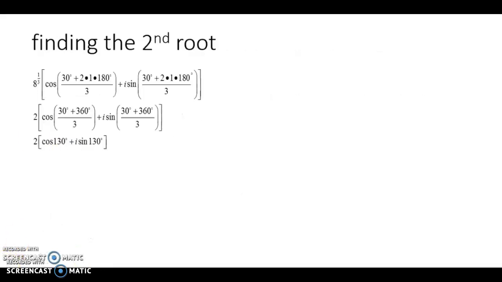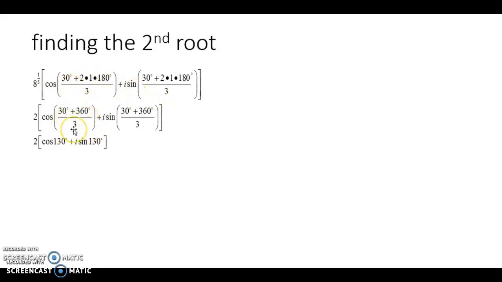We repeat the process to find our other roots. Finding the second one, rather than plugging in 0 for k, we must substitute 1 for k. Still pi is 180 degrees, plus 2 comes from the formula. Theta angle measurement is 30 degrees because 30 degrees was given to us as our angle in the original problem. Our goal is still to find a total of 3 roots, so everywhere n is present, we put 3.